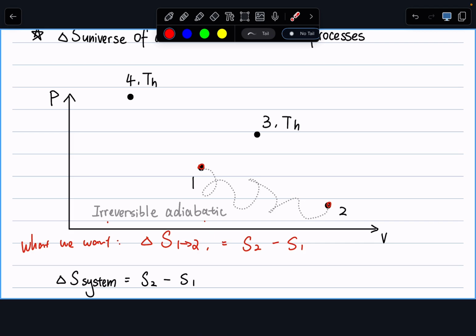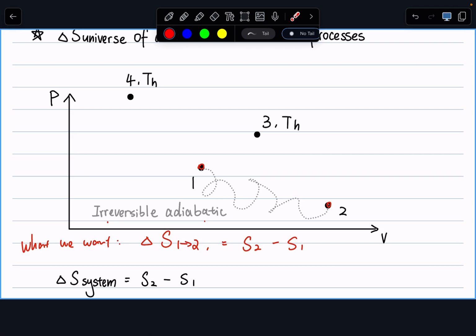What we're trying to do here is find the delta S of this irreversible adiabatic process between 1 to 2. This dashed line represents that it's irreversible, and we're talking about delta S 1 to 2, or S2 minus S1.